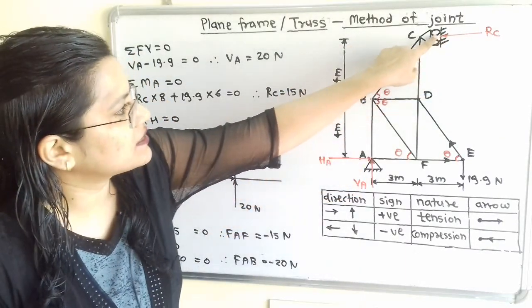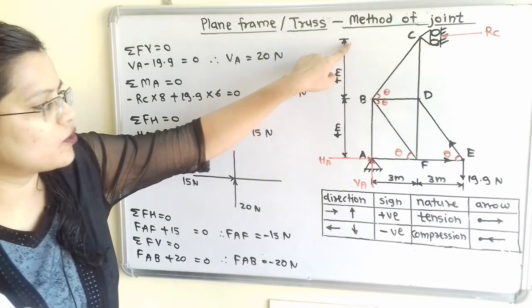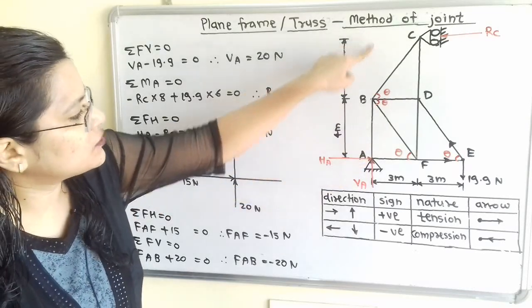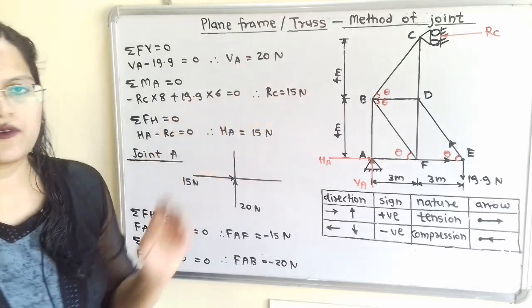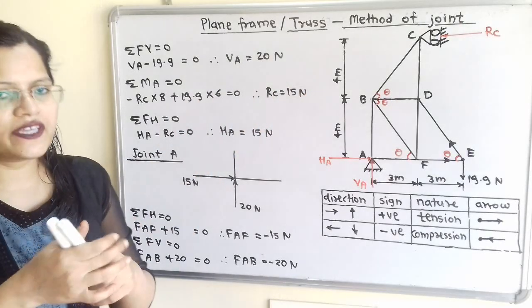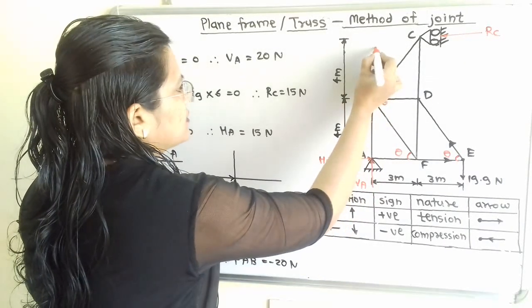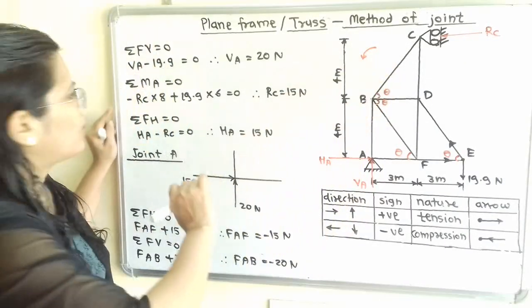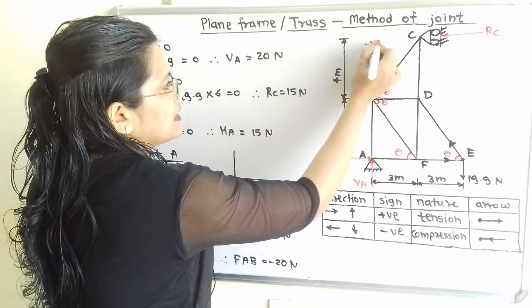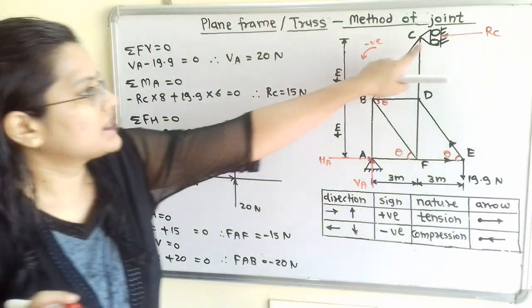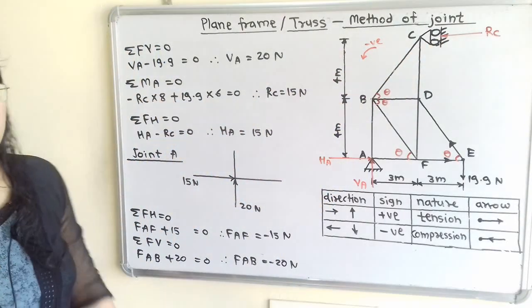So if we extend this line of action of force, then from point A this total distance is 4 plus 4, that is 8 meter. Now if I move the compass about point A in the direction of RC, then here anti-clockwise direction, so we will consider negative sign. So minus RC multiplied by 8.